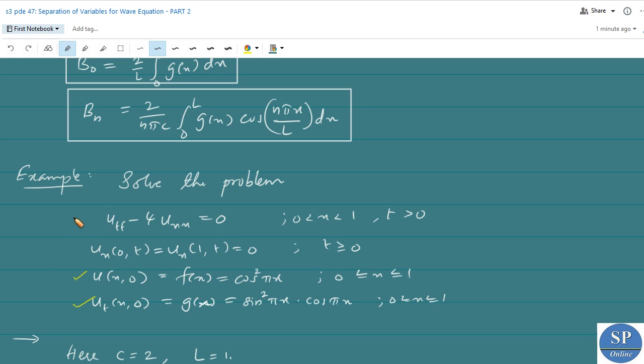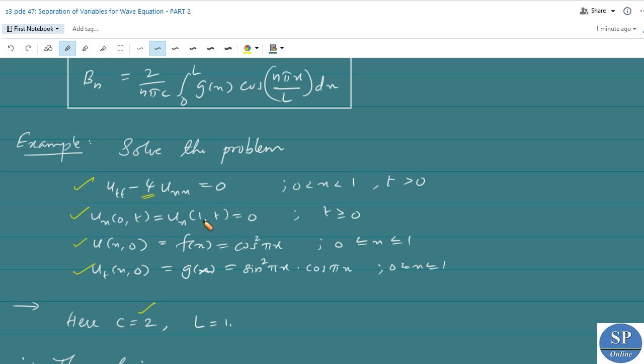So we have a wave equation utt minus 4 uxx equal to 0 along with two boundary conditions and two initial conditions. From this differential equation we can say that c square equal to 4, so c equal to 2. And the boundary is 0 to l, that is l is equal to 1 here.